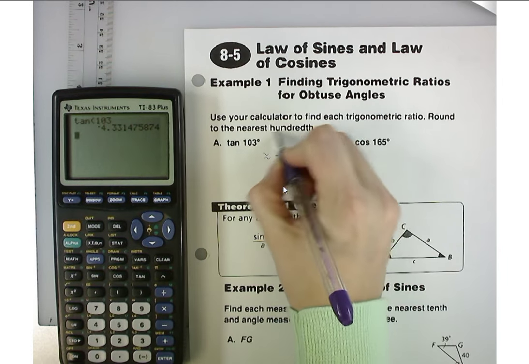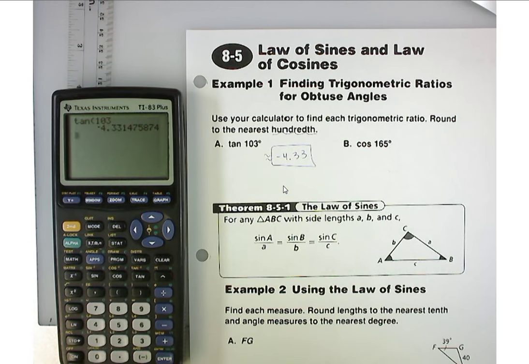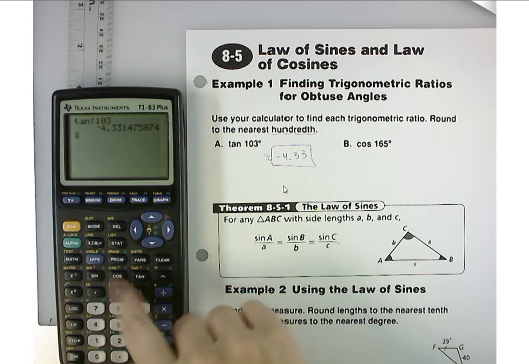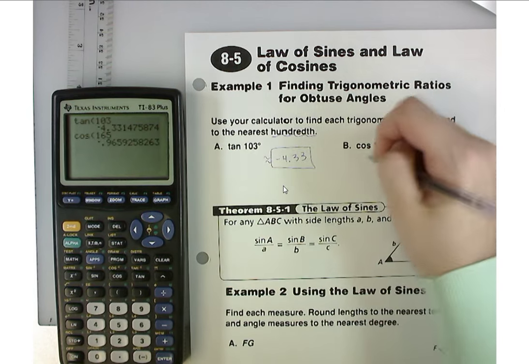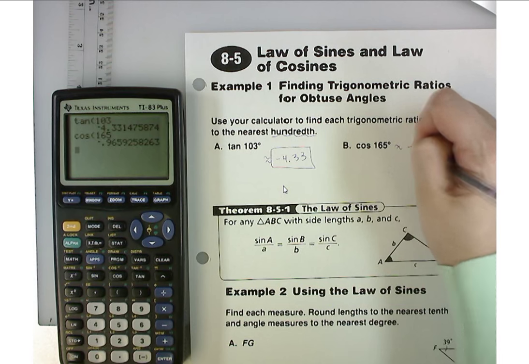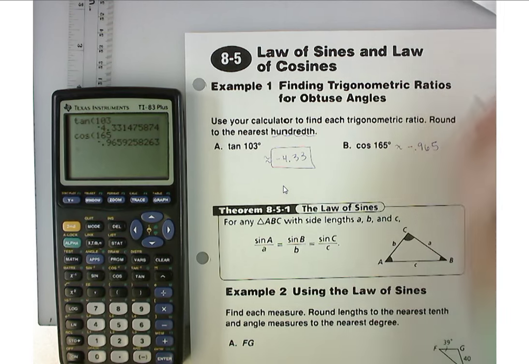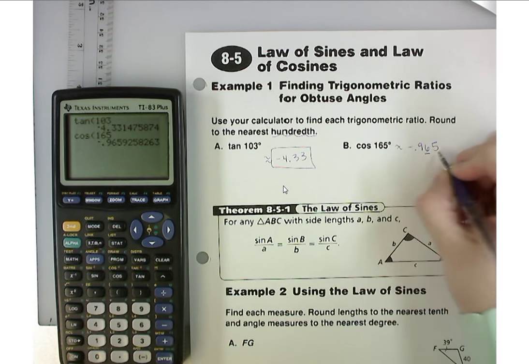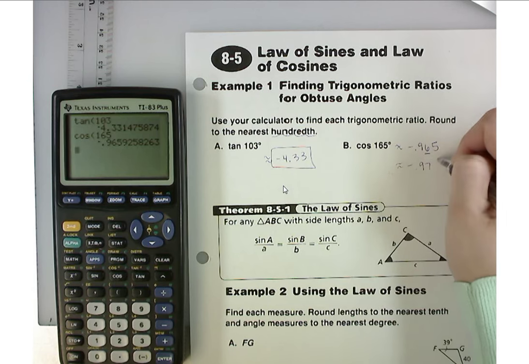Notice it says round to the nearest hundredth. And the cosine of 165 is negative 0.965. I only need to worry about what is directly behind it, so this rounds up to 0.97.